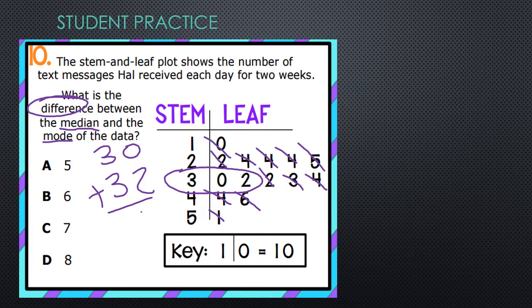Add those together: 62. And we're going to take that and divide it by 2, which gives me 31. And if you have numbers that have 1 missing in between, like 30 and 32, you can automatically tell that 31 is going to be the median. So our median is 31.